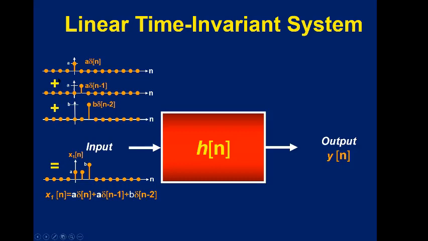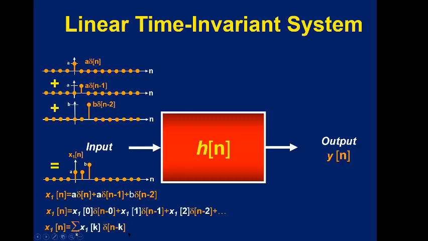So we can take any arbitrary input sequence and describe it as a long summation of scaled and shifted unit sample sequences. And you were doing that for homework, creating this summation formulation as a way of describing the sample values in an input sequence.